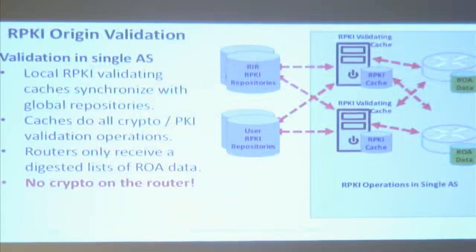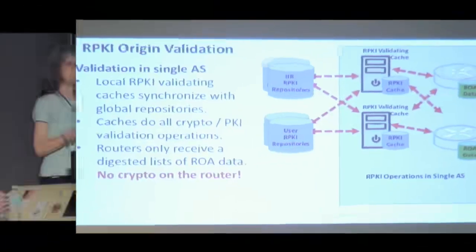So in one particular AS, when you're doing the origin validation, the idea is you gather all this information in from the global repositories. Right now, there are the 5 RIRs and a couple of other examples of people who are running in the delegated mode. You gather that in, you do all the crypto, you do all the certificate checking, you check the signatures on the ROAs, and you pass.